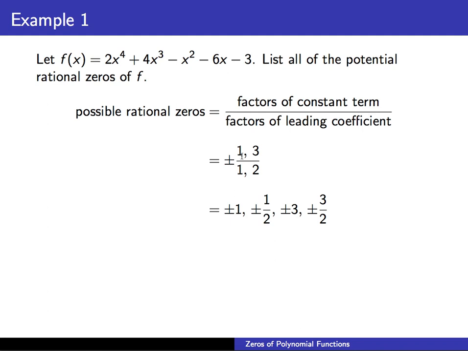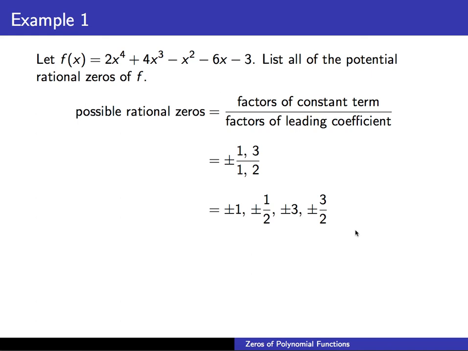Then we have 1 over 2, which is 1/2, plus or minus. Now let's move over to the next value in the numerator, 3. 3 over 1 is 3, with plus or minus as well. And then 3 over 2 is 3/2, plus or minus there as well.